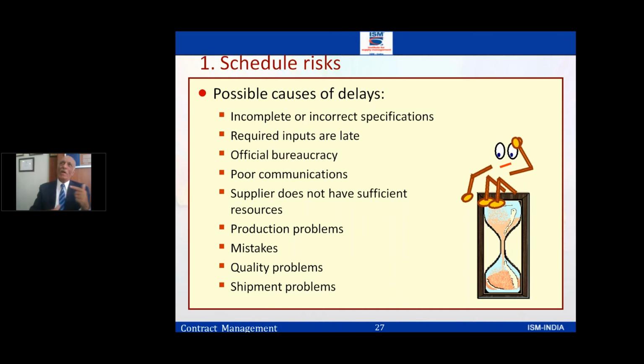Our supplier was supposed to buy from a tier 2, tier 3 company, and the material is not coming. So there could be different inputs which could delay the whole process. Official bureaucracies, poor communications, supplier does not have sufficient resources. There could be production problems, due to labor or due to electricity, whatever the reasons could be. Due to earthquake, tsunamis or whatever we may call. And then there could be mistakes also. Quality problems, shipment problems. All these could lead to delays as well.